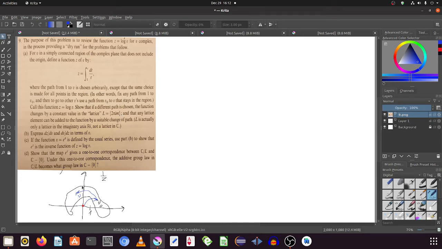Of course, the path, I don't get that. Oh, that must be a different path going from unity to v0.